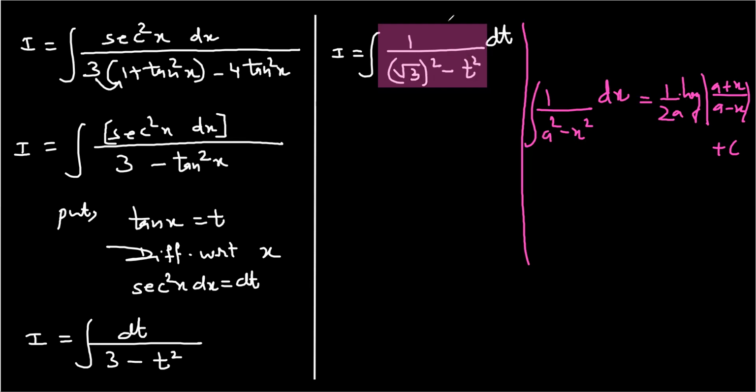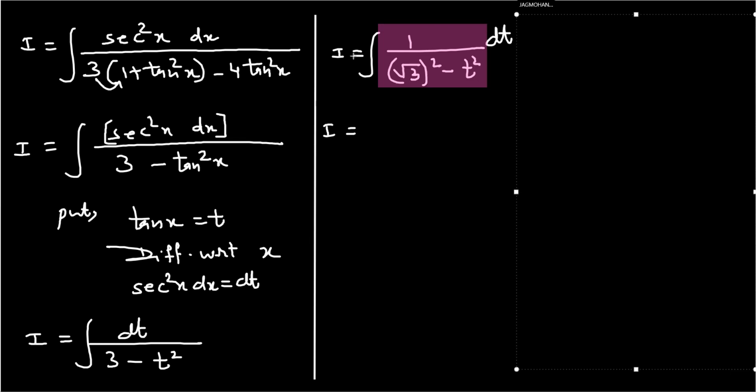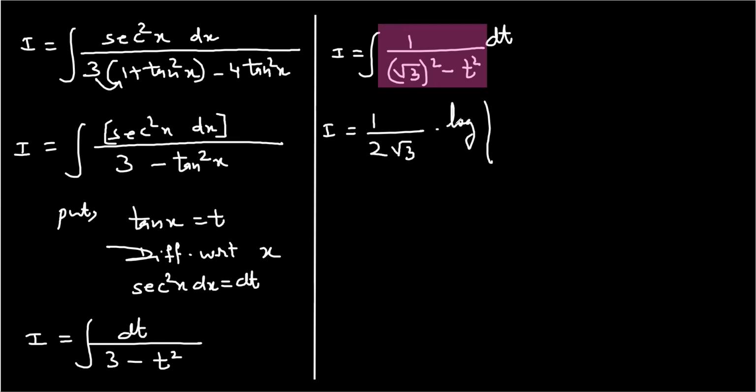Okay, so here I will have I equals to 1 over 2a. What is a? A is root 3. So I have 1 over 2 root 3 multiplied with log of a plus x, that is root 3 plus t, upon a minus x, root 3 minus t, plus c.